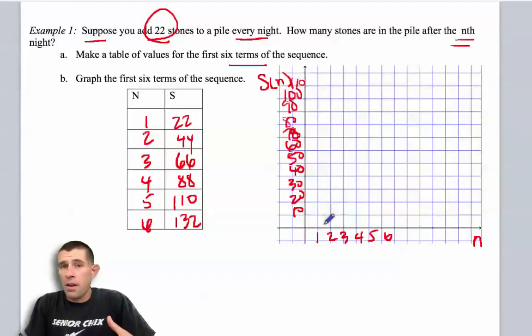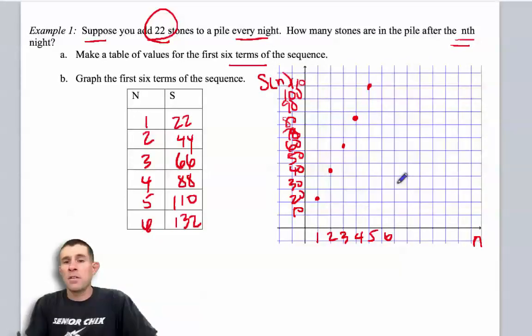Once we have our x and y axis labeled, we can then start plotting these points. 1 over and 22 up, and so on and so forth.